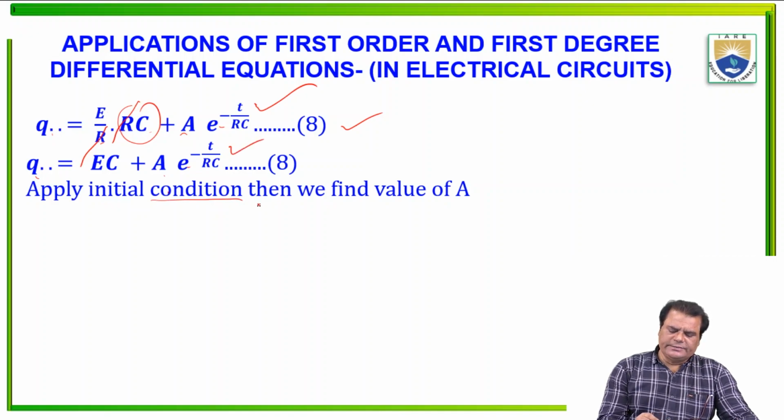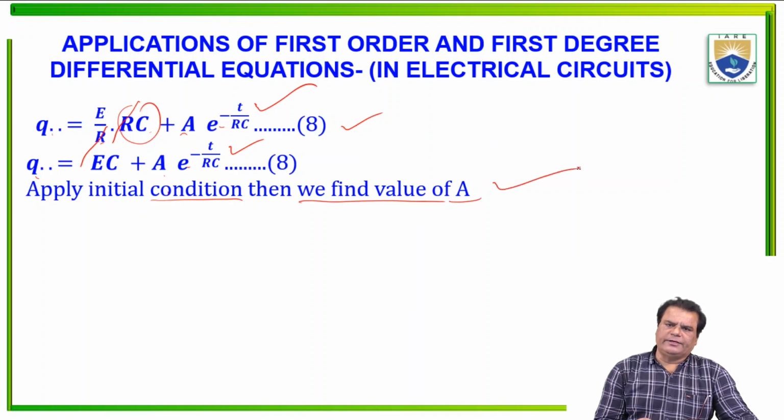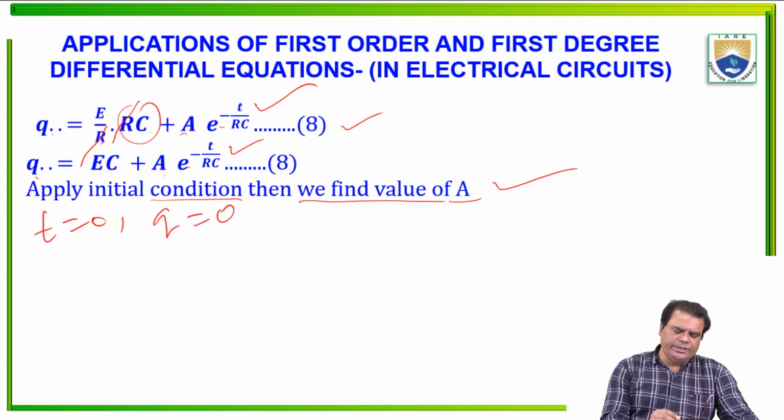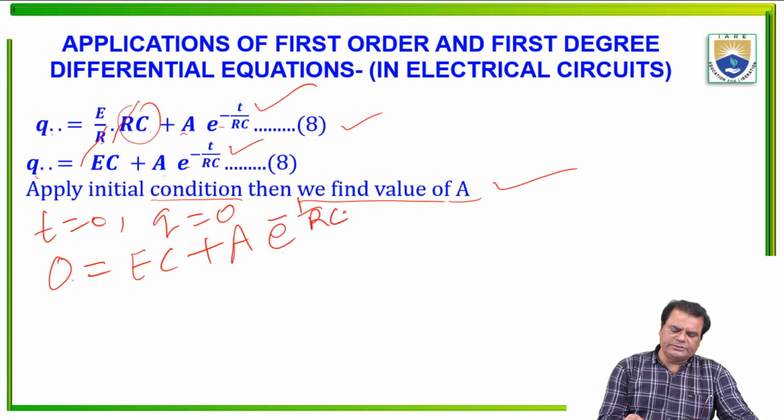Apply the initial condition, then we find the value of A. What is the initial condition? If t is 0, then q is 0. So 0 equals EC plus A e to the power minus 1 upon RC into 0. This is 1, so 0 equals EC plus A into 1.